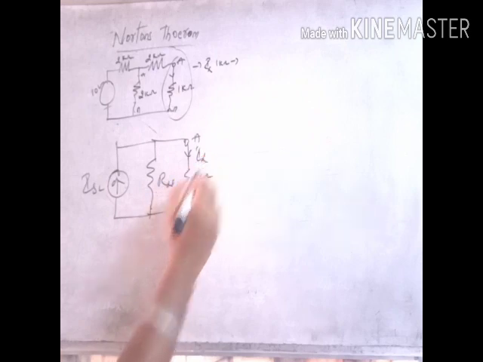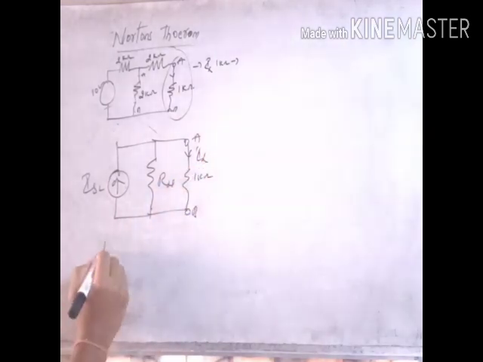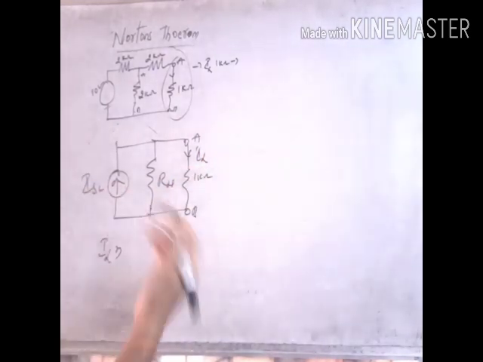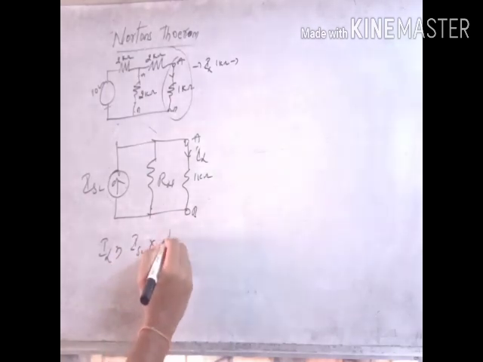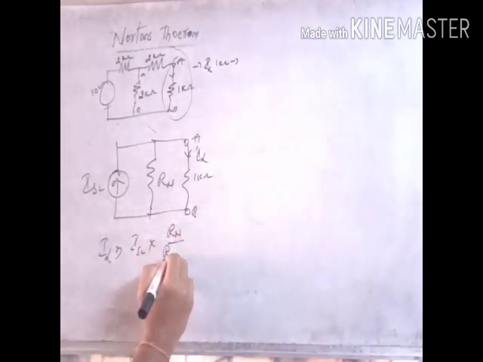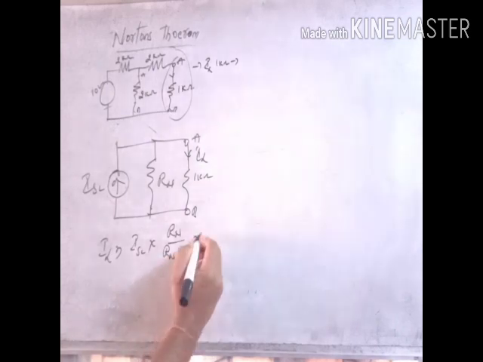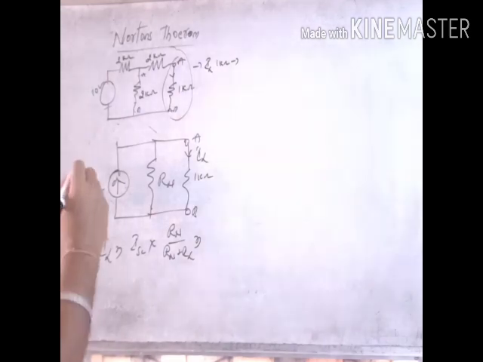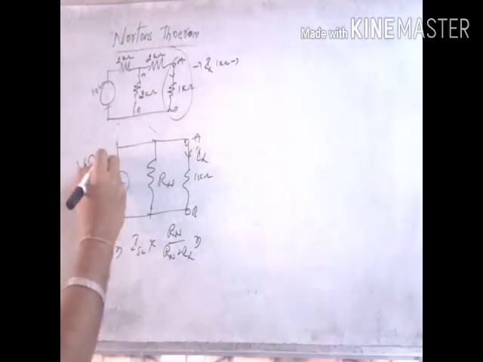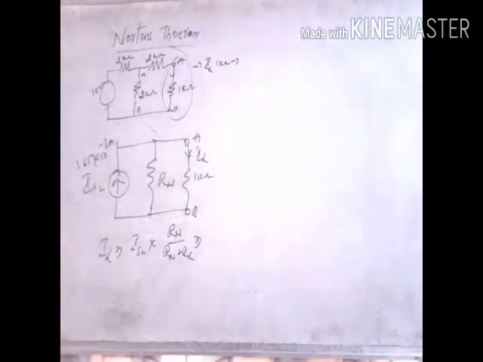Now we have to calculate this load current. IL equals, again remembering the current division method, ISC into RN by RN plus RL. ISC we have already calculated, that is 1.65 into 10 to the power of minus 3 amperes.